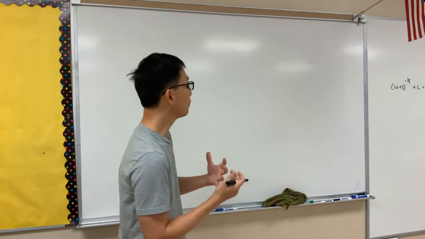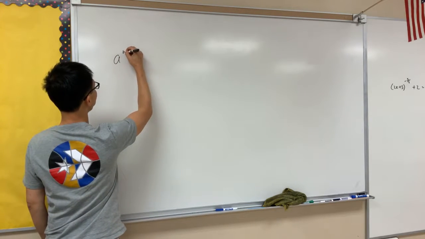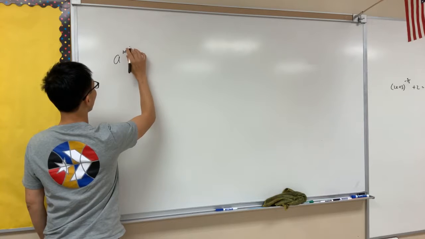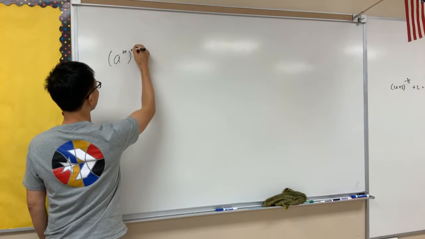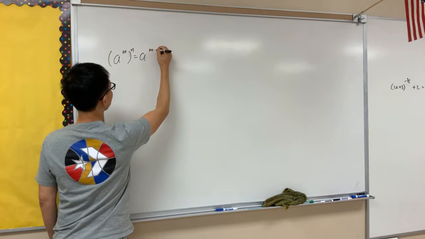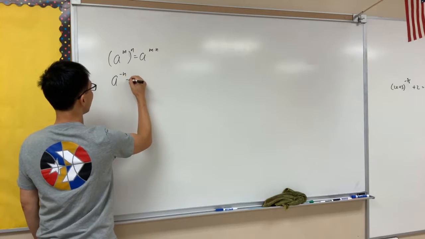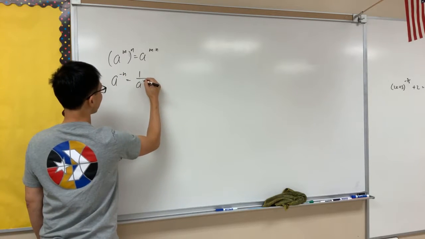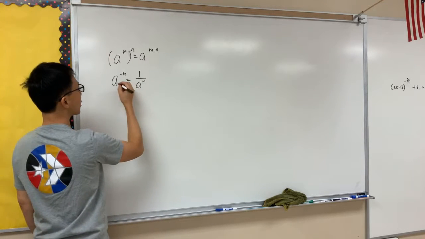But here's the thing, we learn about exponential rules, so a to the m, to the n power, is equal to a to the what? Multiplier, right? Okay, and there is another rule, a to the negative n is equal to 1 over a to the n. Those are exponential rules.